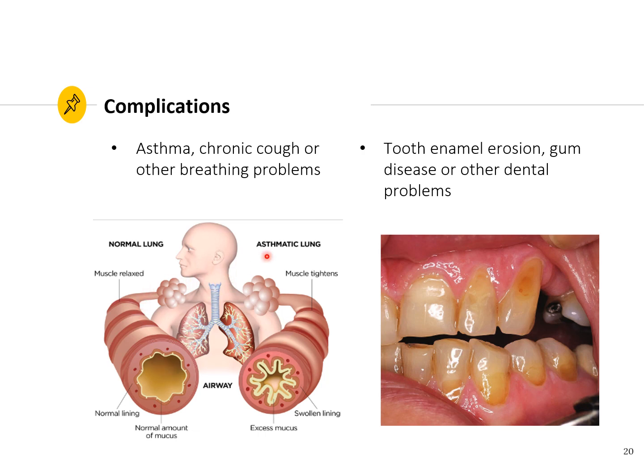As you can see here, in the asthmatic lung, the bronchial tubes are more constricted, with the muscle tightened and the lining swollen. An additional amount of mucus is also made, so it's really difficult to breathe. It can feel like you have to breathe through a straw. And not only that, you can also have tooth enamel erosion, gum disease, or other dental problems.